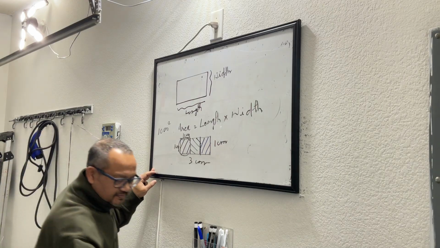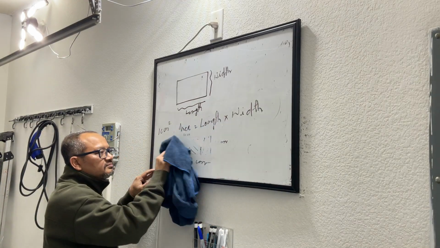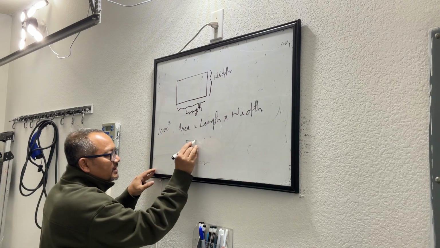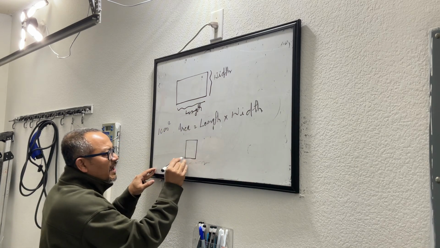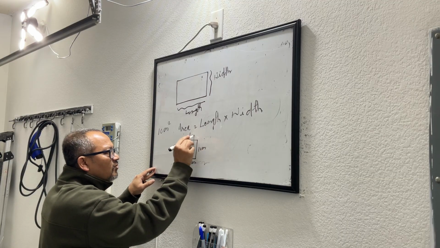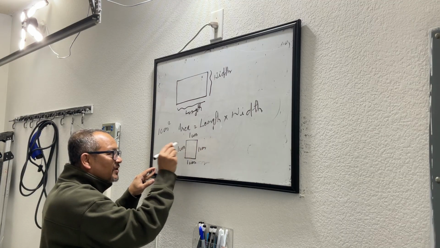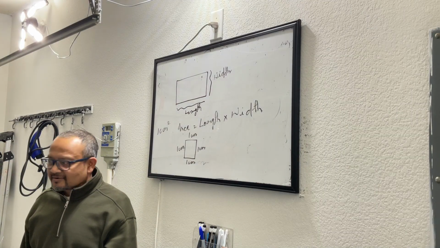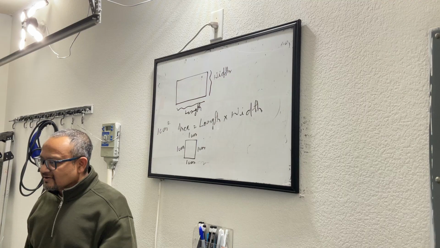I'll repeat myself. If I have a square which has all sides as 1 centimeter, what would be a good name for this square? Yeah, 1 centimeter square. Yeah, Dikshita.